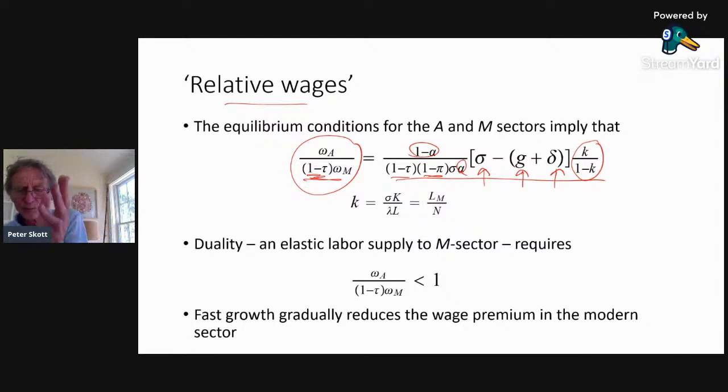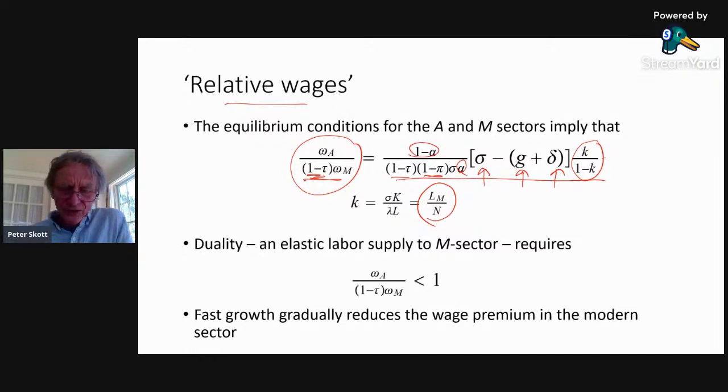So as you develop, as workers move into the formal sector, the ratio of formal sector employment to total labor force would go up, and this would be rising non-linearly as g goes up.